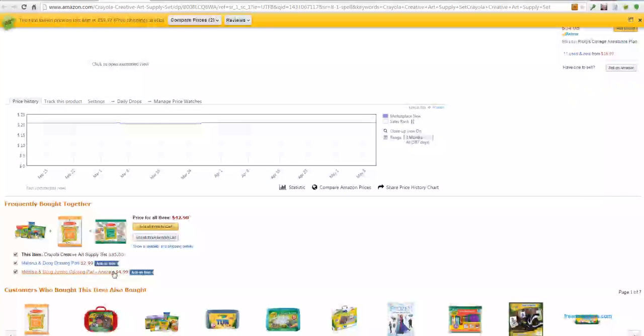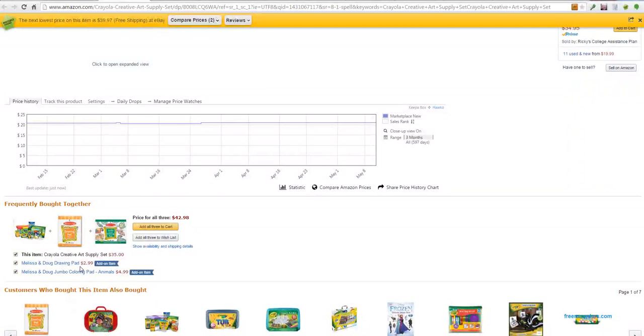Then try and find the other items. Sometimes they might not be available on Walmart or the major retailers. Maybe it's worth doing a Google search to see if you can find the actual item.